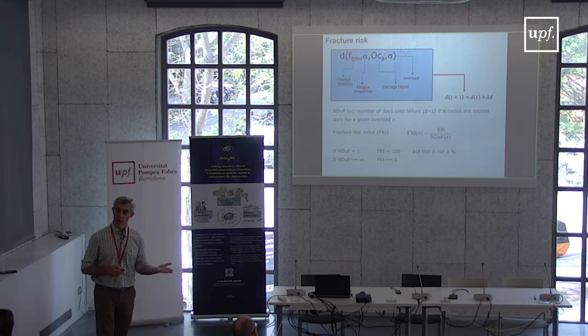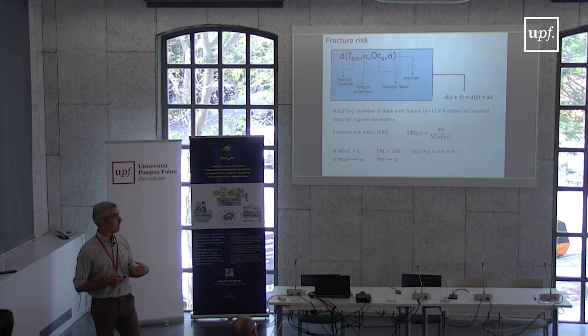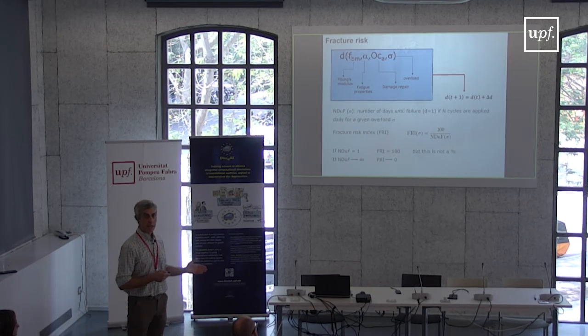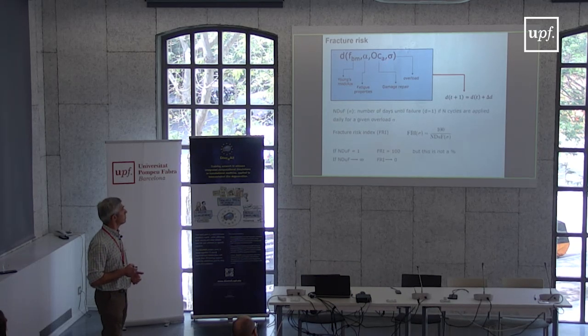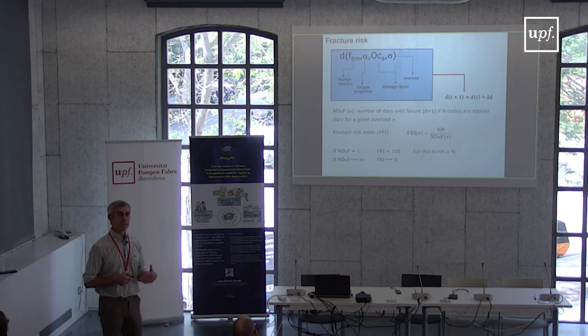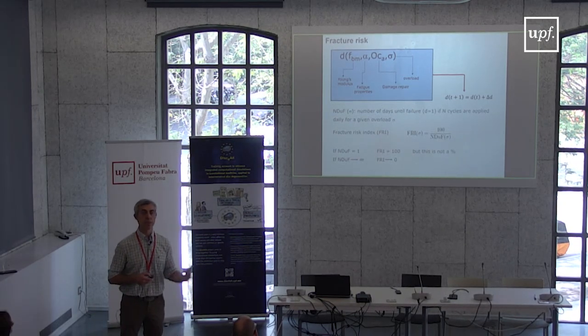So actually, we can calculate how is the evolution of damage over time for a given overload. If we include in our evolution of damage a certain overload, we can calculate how many cycles we need to reach failure.